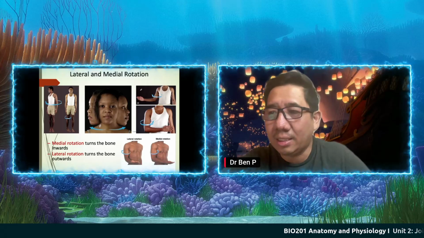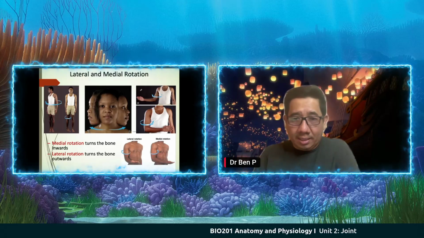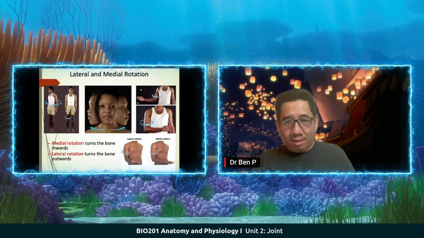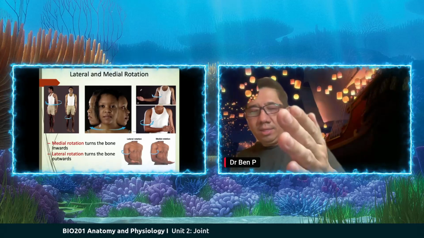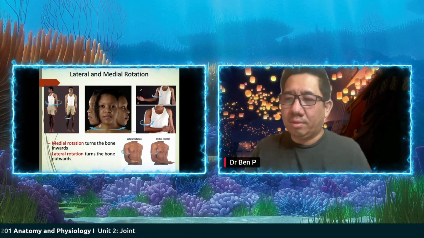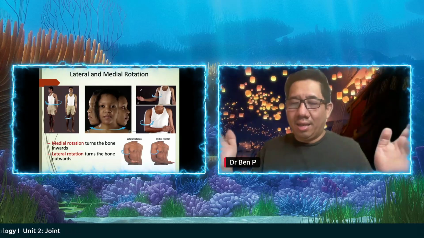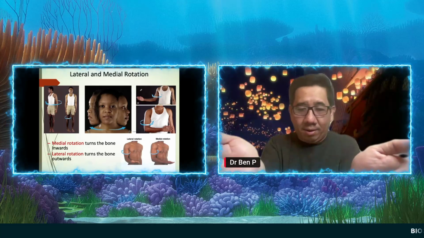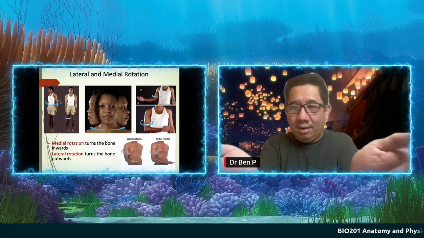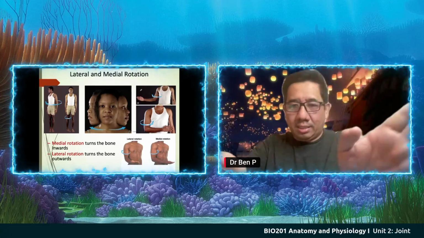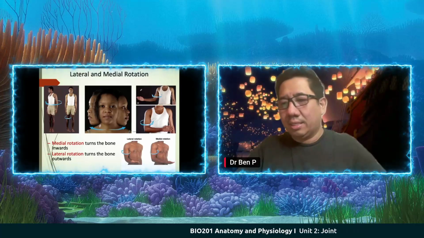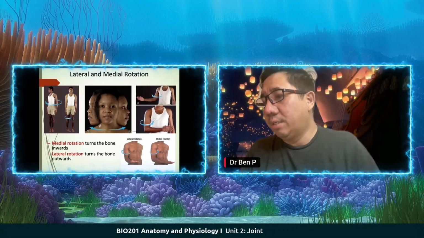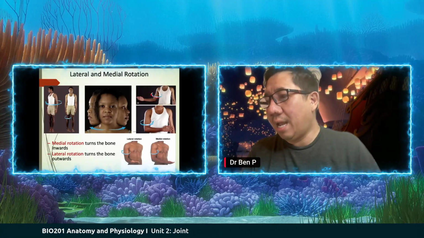You have the lateral and medial rotation. Lateral is basically if you have an arm, you laterally bend out your elbow, or your feet going laterally. Lateral rotation, medial rotation. You can see going out is the lateral rotation.